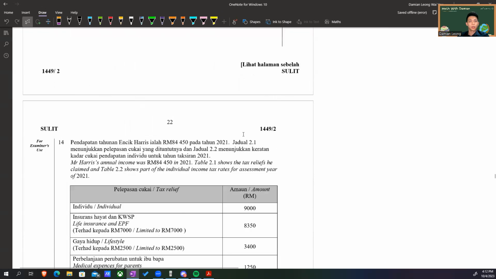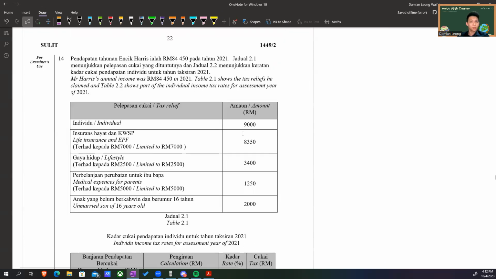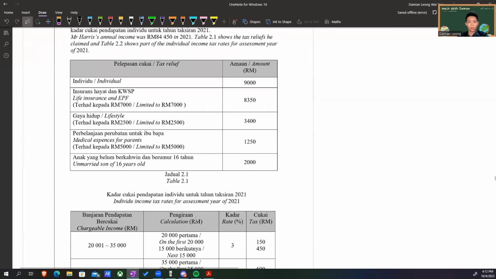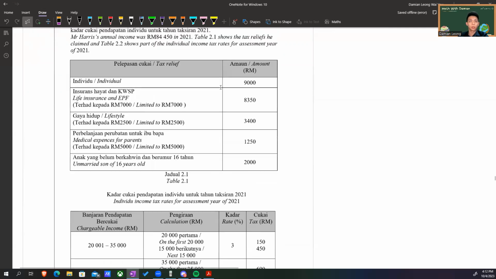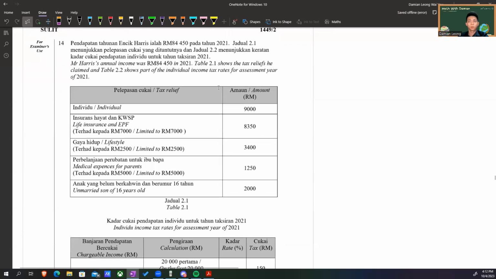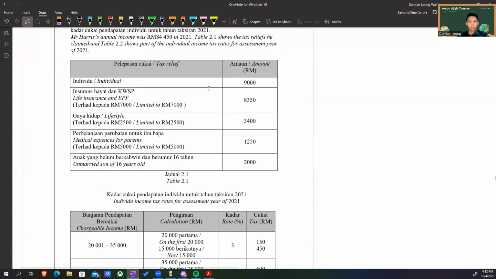Then question 14. Mr. Harris' annual income is 84,450 in 2021. I have the tax relief here, and the other table shows part of the individual tax rates for assessment year 2021.